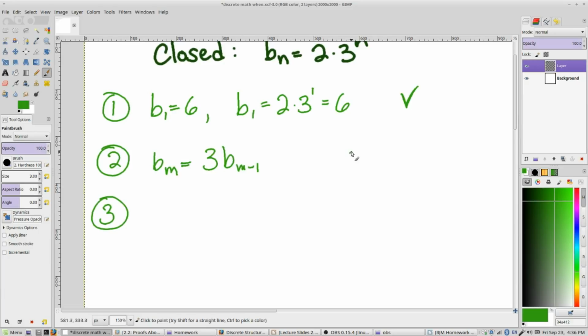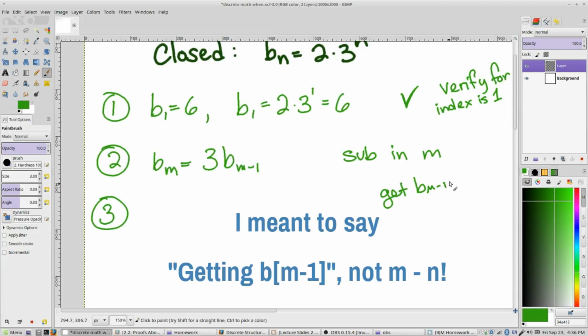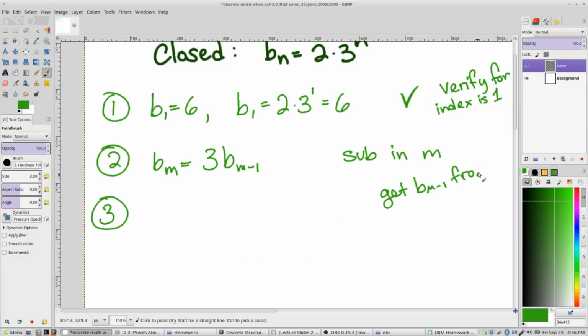So let's sub in m. Let's verify for index is 1. Okay, so number 3 will be getting that value, get b sub m minus 1 from the closed formula.